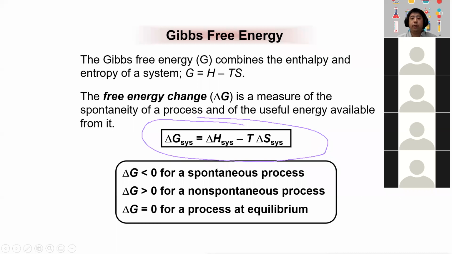This is all for our system. So we're looking at delta G, delta H, and delta S of the system only. I'm not going to focus on surrounding. I don't care about that. The system itself here will tell me everything I need, whether this reaction will be spontaneous or non-spontaneous or at equilibrium. So I'm keeping everything inside of just the system. And then we're going to look at it that way.